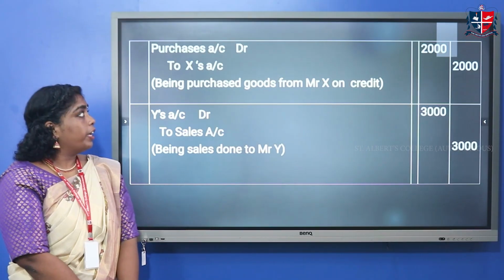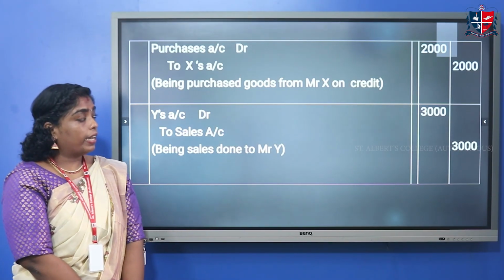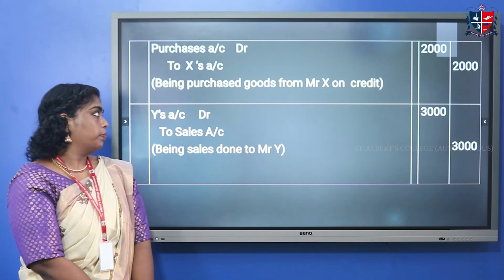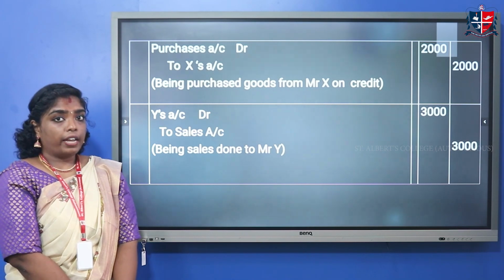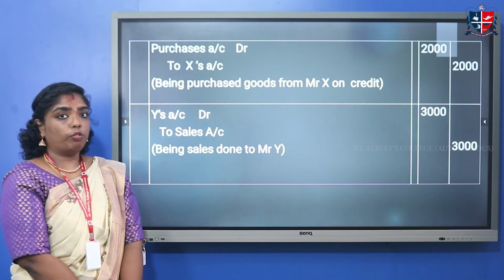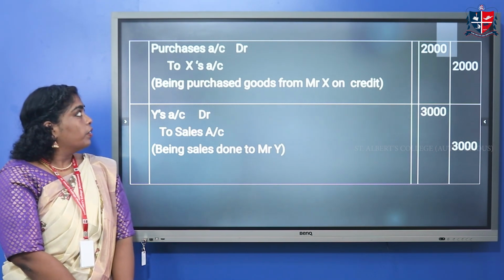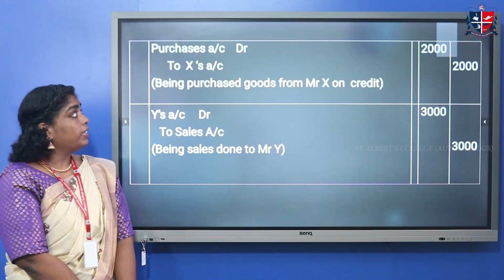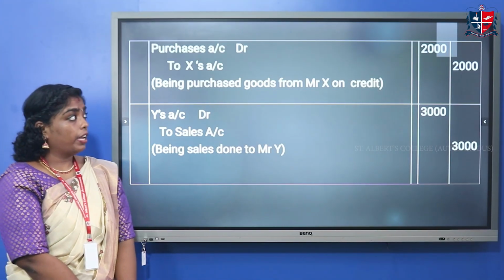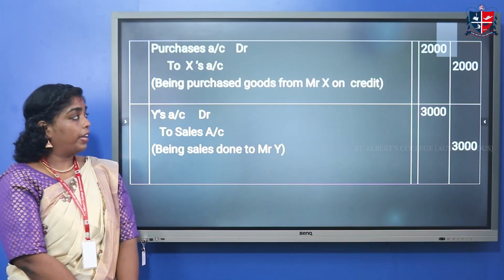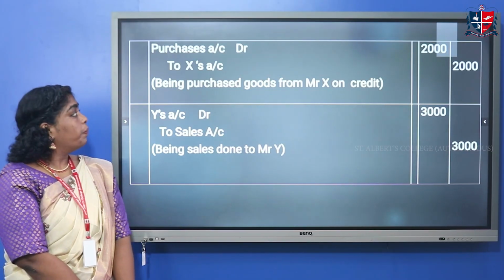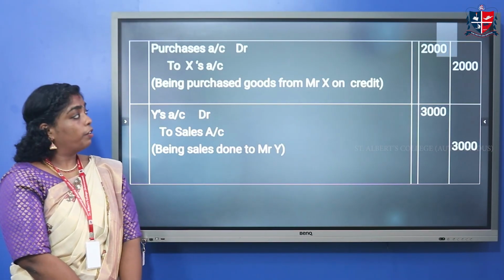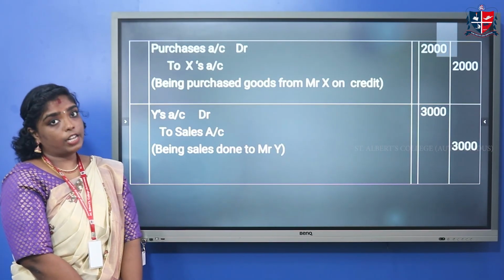So purchases account debtor to Mr. X account, that is 2,000. Mr. X's settlement should be done at a future date. Once again, the entry is purchases account debtor to X account. Amount is rupees 2,000. And write the narration afterwards: being purchased goods from Mr. X on credit.